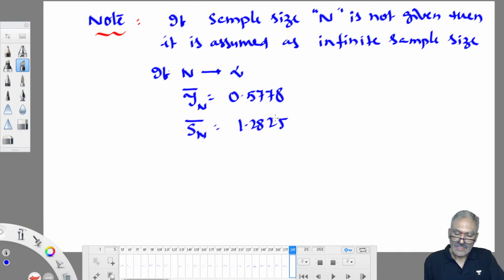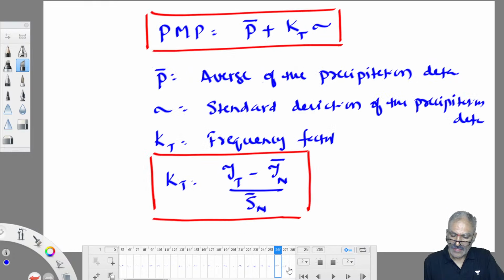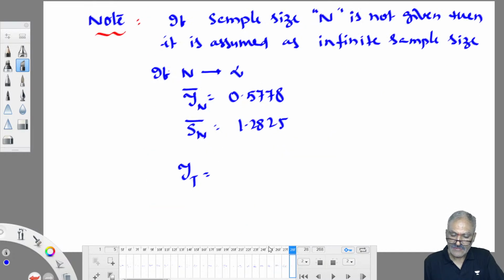Then for infinite sample size, what is the KT value?